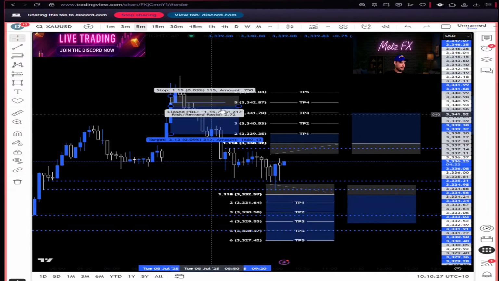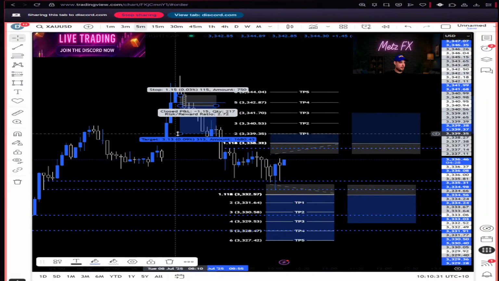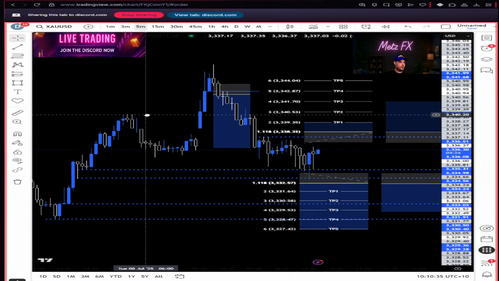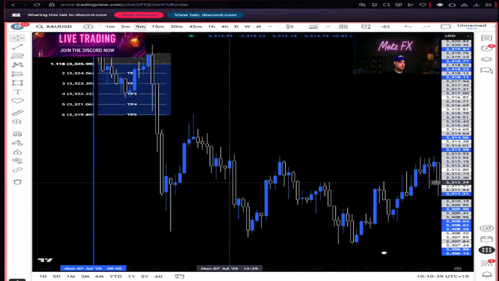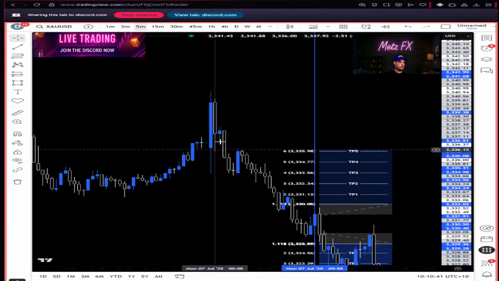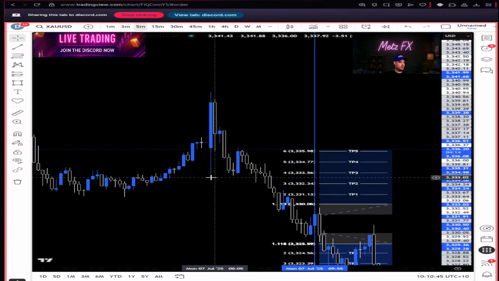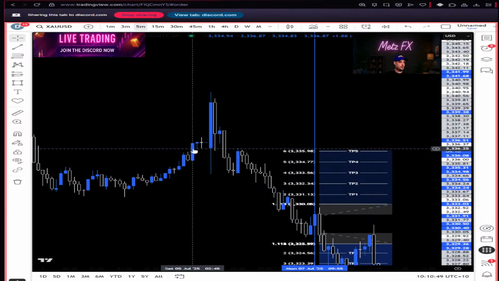So I might backtest something like this just to see what happens. You would have got a 5-1 on that this morning. This one might have been a little bit more difficult, to be honest with you. You'd probably come to the bottom of this wick here, unless you went to that zone there.